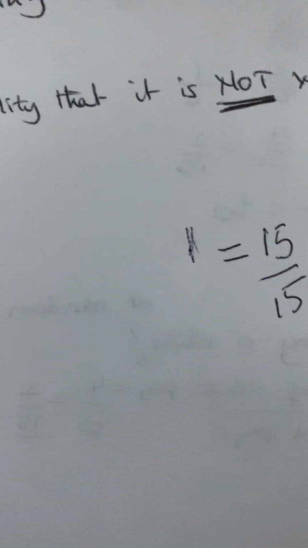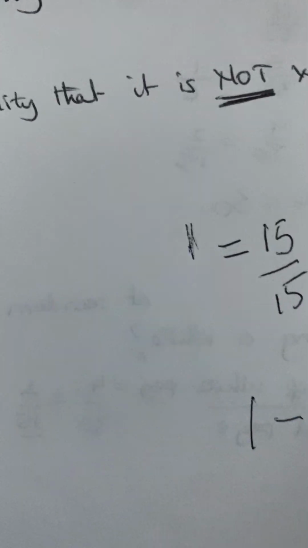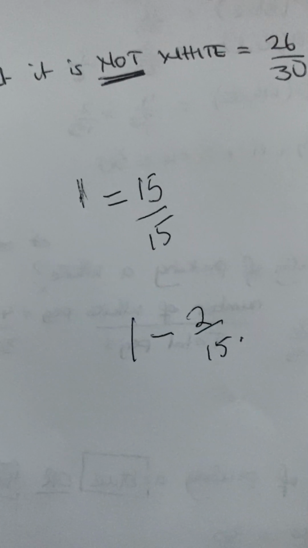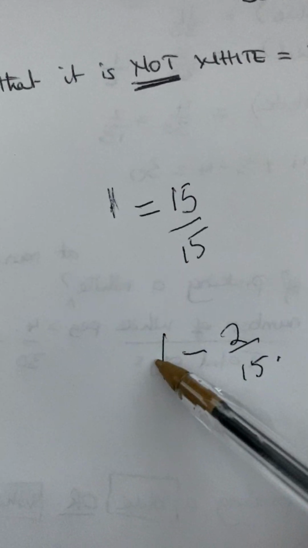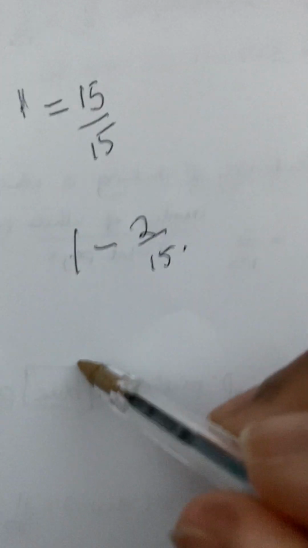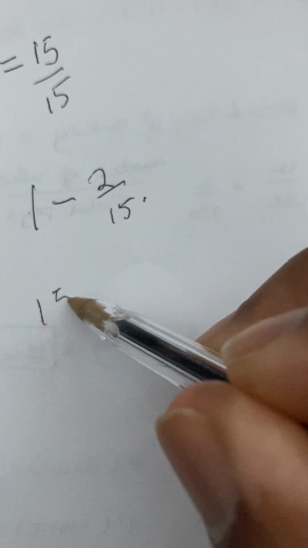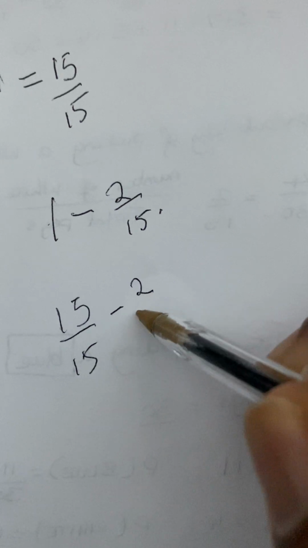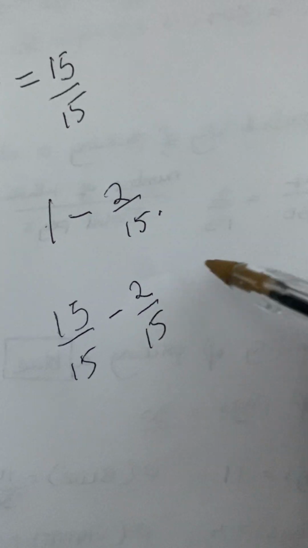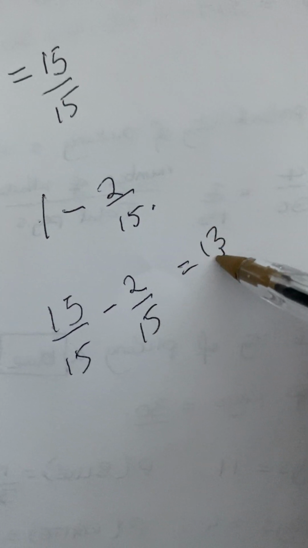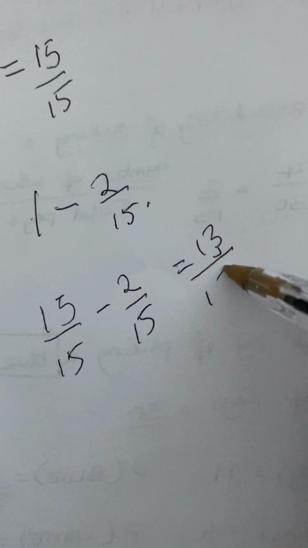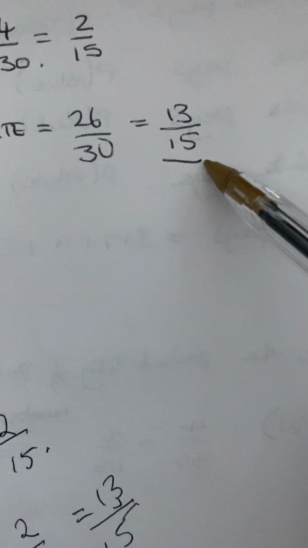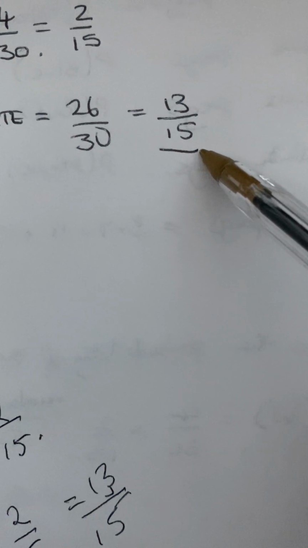So instead of 1, I'll write 15 out of 15 minus 2 out of 15, which is 13 out of 15. So that is why I have this probability answer.